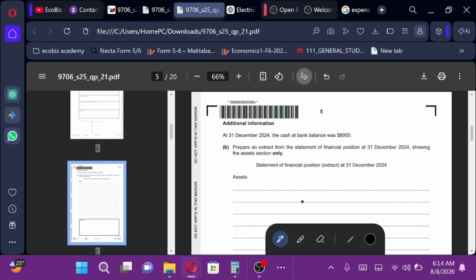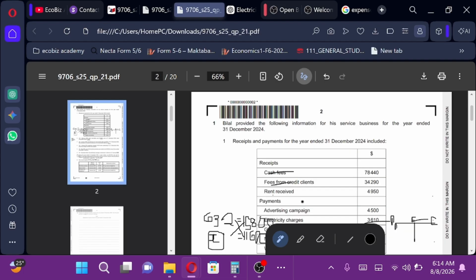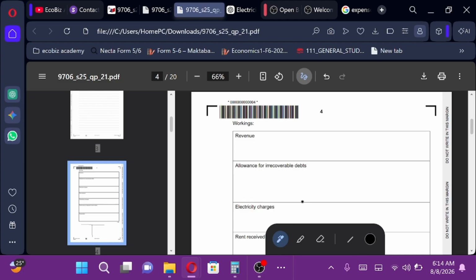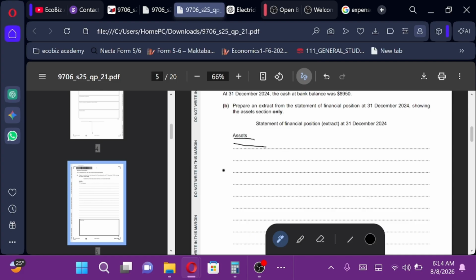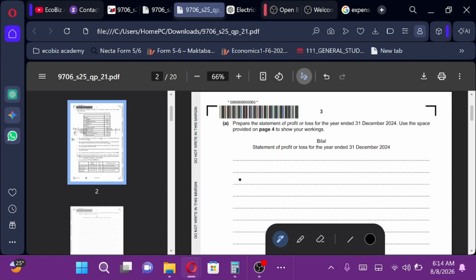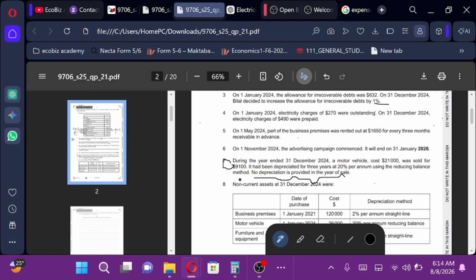So, first of all, we will put at the top assets. We put assets, the first column, they've already put it here for us. So after putting assets, we're going to put non-current assets here. After that, we're going to put motor vehicle, business premises. Then we have, what else?